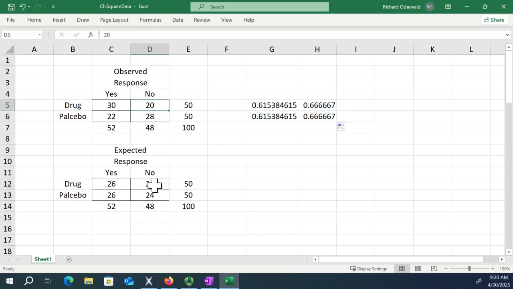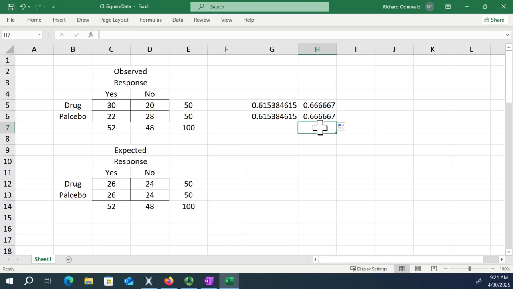Then 20 minus 24 squared divided by 24. 22 minus 26 squared, which is 16, divided by 26 again. So I get the same number in both of those. And 28 minus 24 divided by 24, we get that number. Right, so it's always positive, and the test layout is observed minus expected squared over expected for each cell.